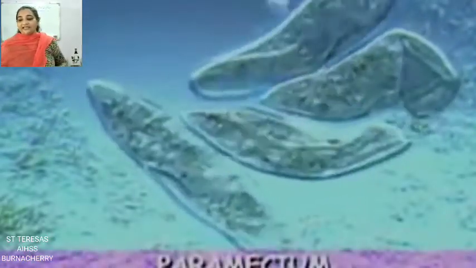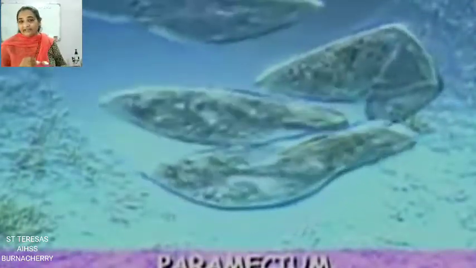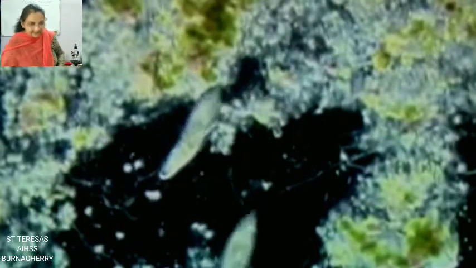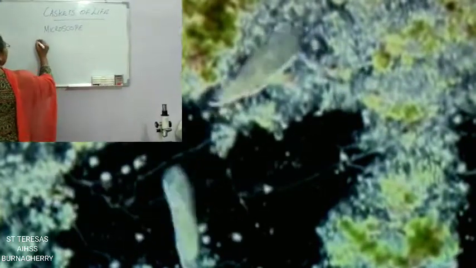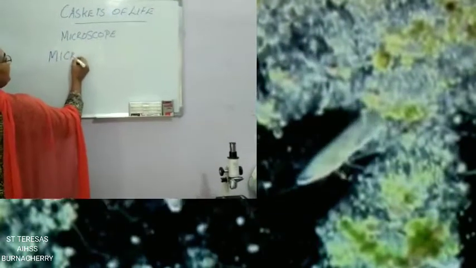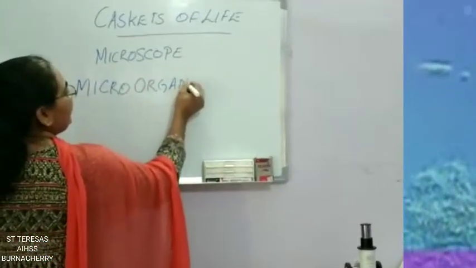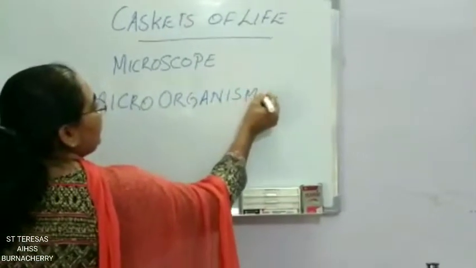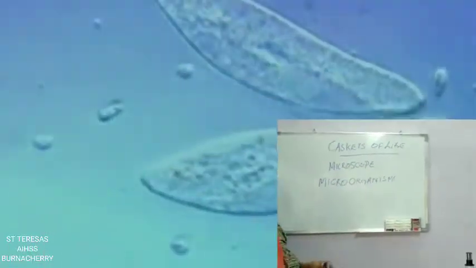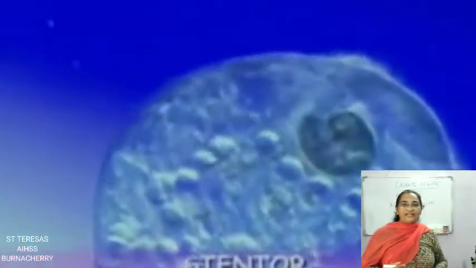With this eye, I cannot see very small organisms. Such small organisms we cannot see with our naked eyes are called microorganisms.